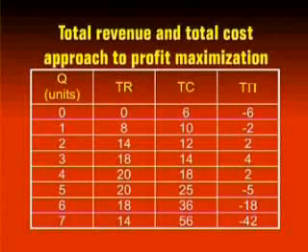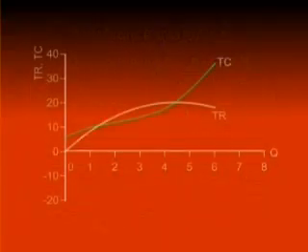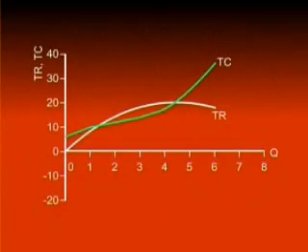So from the table it is obvious that the maximum profit is obtained when the firm produces 3 units of output. Now let's see how this translates graphically. When we draw a graph, we find that the total cost and the total revenue curves are following the typical shape, right? The total revenue curve first rises, then falls, and the total cost curve rises with a point of inflection in the middle.